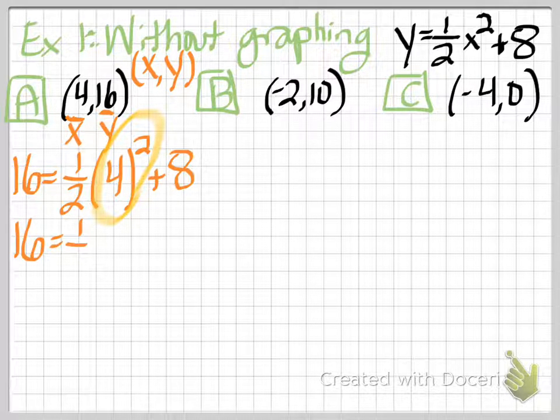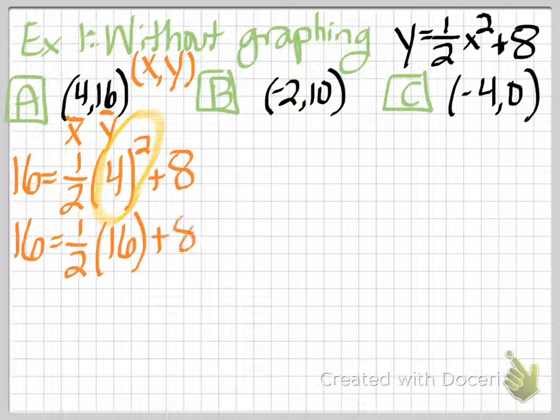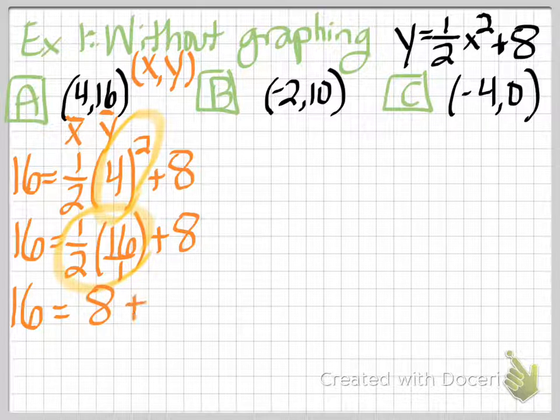I'm going to leave 1/2 as it is. 4 squared is 16, and I'm going to add 8. Now, order of operations, I'm going to multiply first. Again, I'm going to leave the 16 as it is. 1/2 times 16, or 16 over 1, is 8, plus 8, 16, and 8 plus 8 is 16.